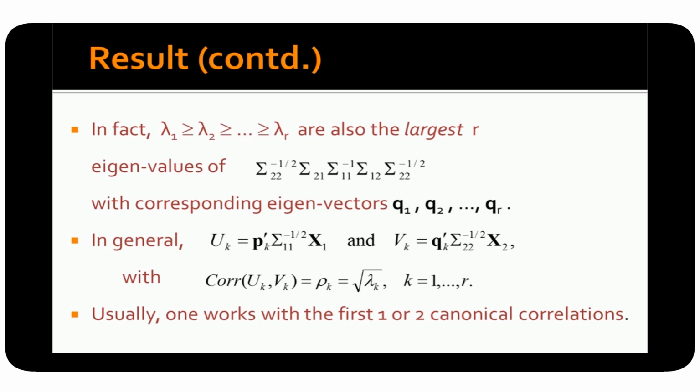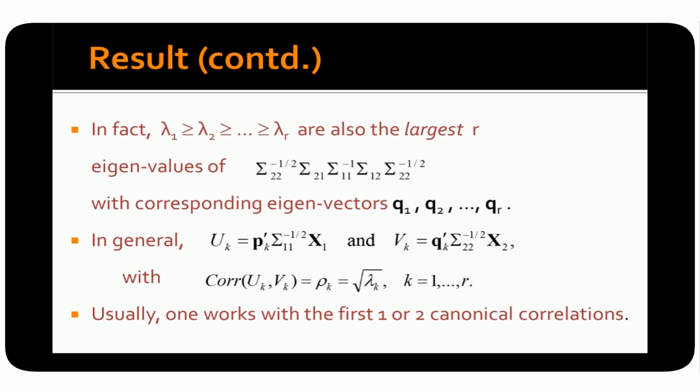So, this correlation obviously would be smaller as k increases. The first one would have the maximum correlation, the second one would have slightly less, the square root of lambda 2, and so on, decreasing as k increases, and we can go up to r. So, this is how we can find the canonical variables and the canonical correlations.